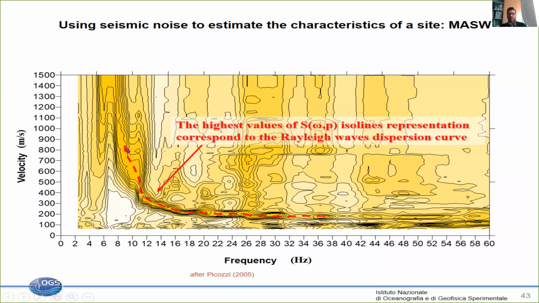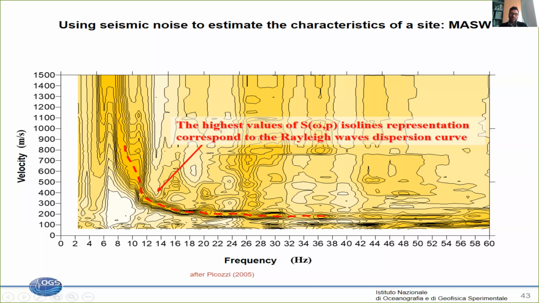These maxima are telling us that if I correct frequency 10 Hertz for 600 meters per second, I will have my sinusoid at 10 Hertz best aligned. So I found the velocity that best approximates the velocity of propagation of 10 Hertz through my array.